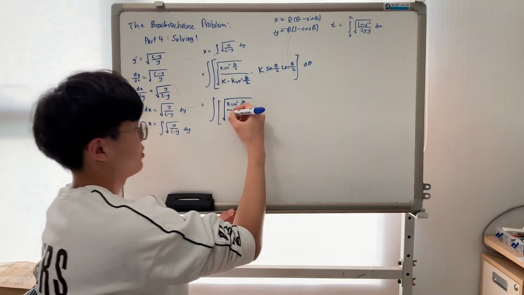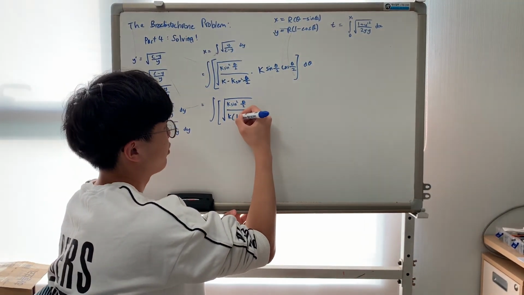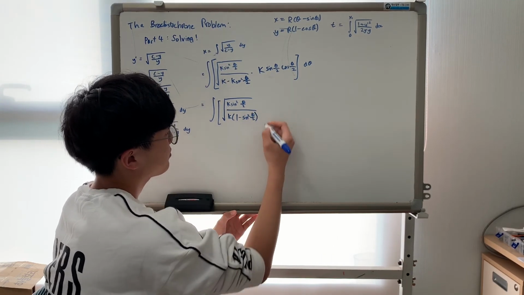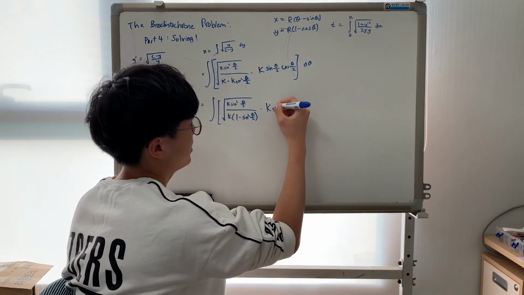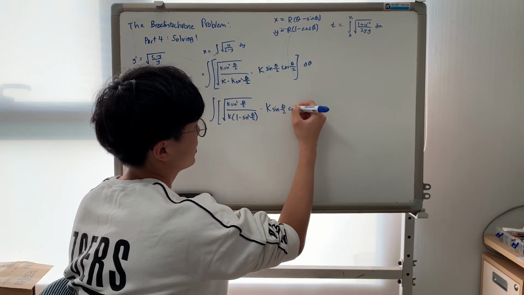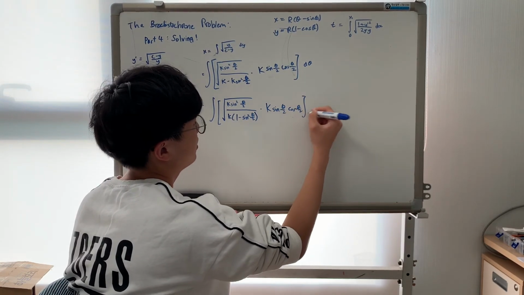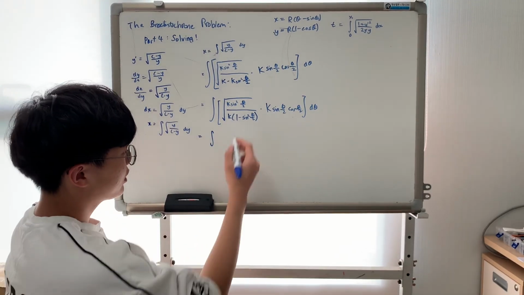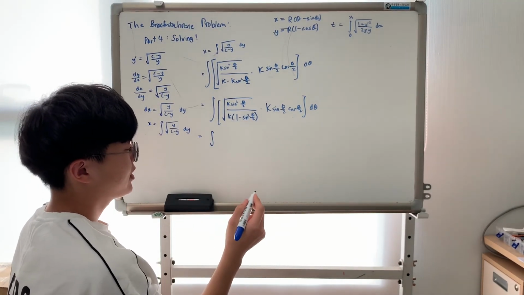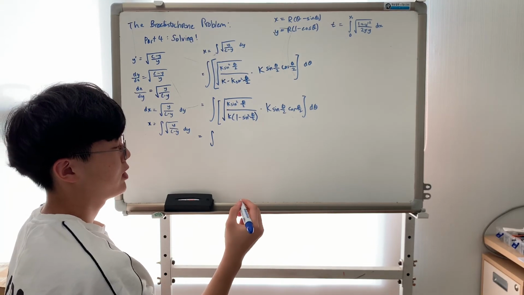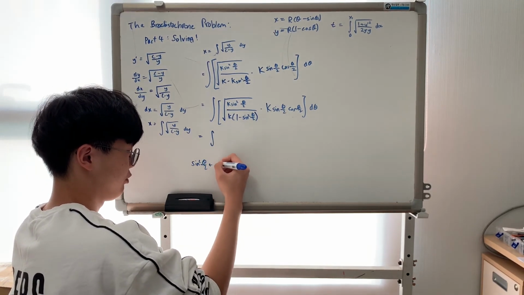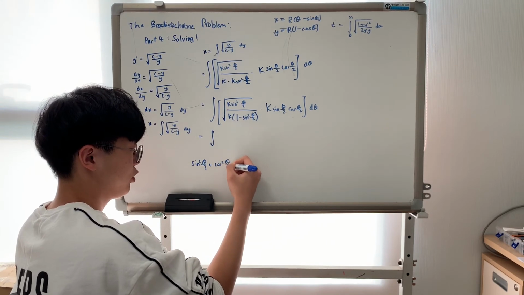Yeah, so k times 1 minus sine squared theta over 2 times k sine theta over 2 cosine theta over 2 d theta. Now, we know that 1 minus sine squared theta over 2 is going to be cosine squared theta over 2, because of the relationship between sine and cosine.